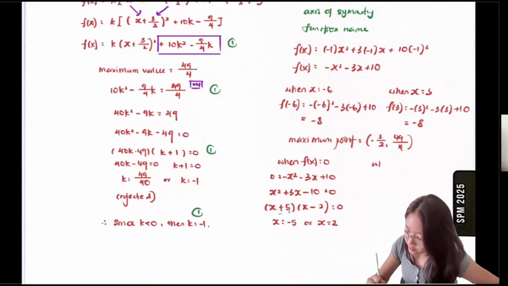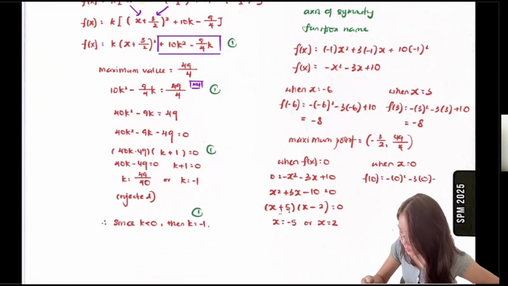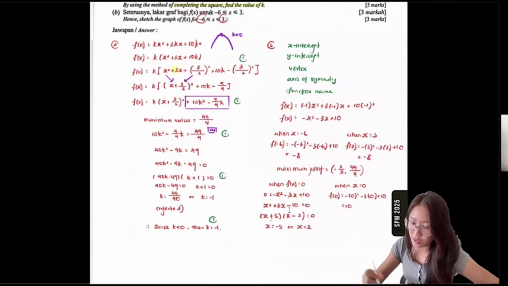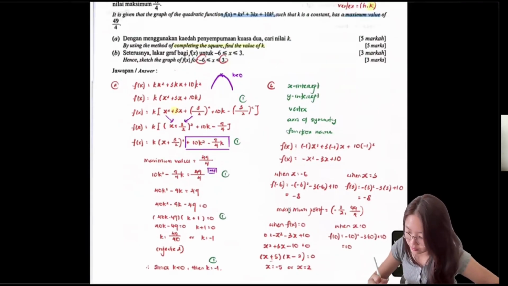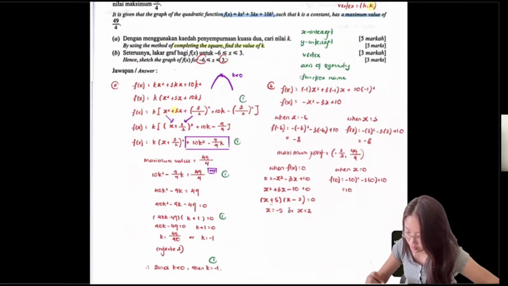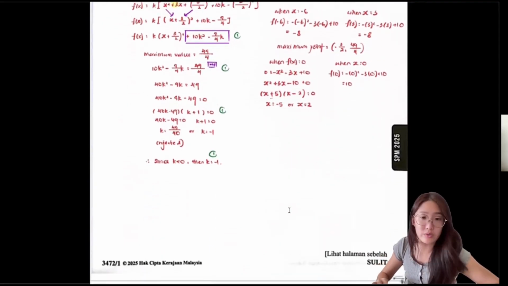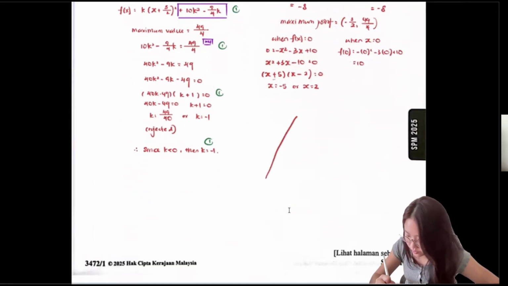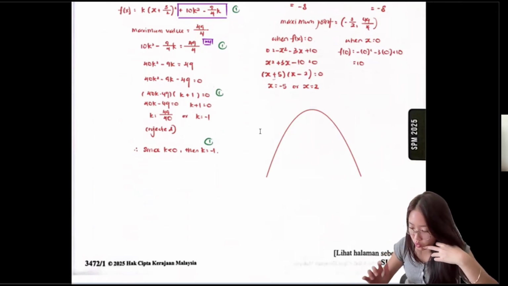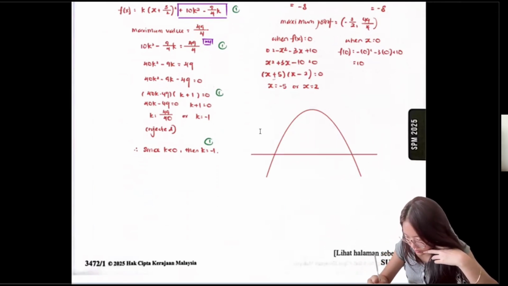All right, and then your y-intercept, don't forget, x equal to 0. So -0 squared minus 3 times 0 plus 10. So this is 10. Okay, everything you need already settled. Okay, let me move this up. Okay, now this is a sad face graph. You can draw a sad face first. Okay, and then your roots are -5 and 2. Okay, let me just draw my line here.